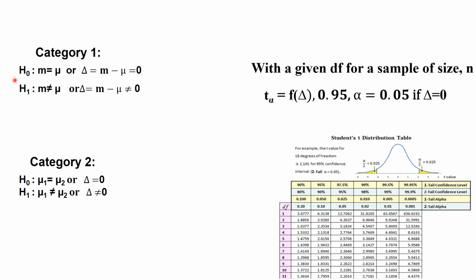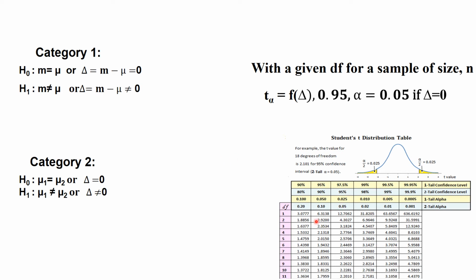We could have said the sample mean is greater than the population mean. This could have been our research question. And then the null hypothesis would be that the sample mean is less than or equal to the population mean, so it's not always fixed.